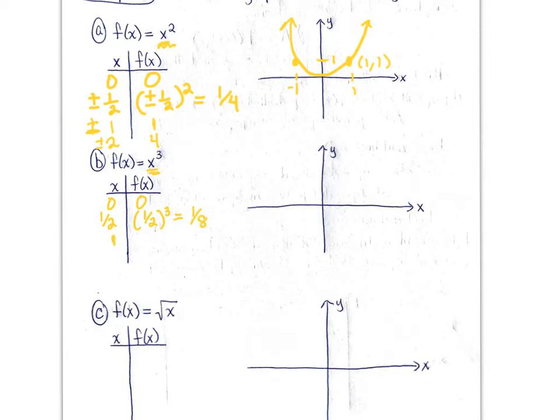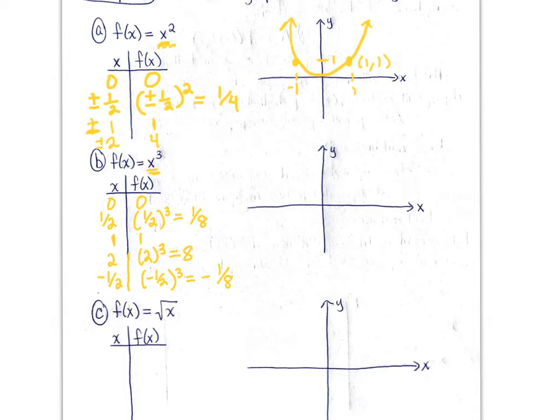Then when you substitute x equals 1, f of x is 1, since 1 cubed is 1. When you substitute in 2, you get 2 cubed, which is 8. You substitute in negative 1/2, you get negative 1/2 cubed, or negative 1/8.